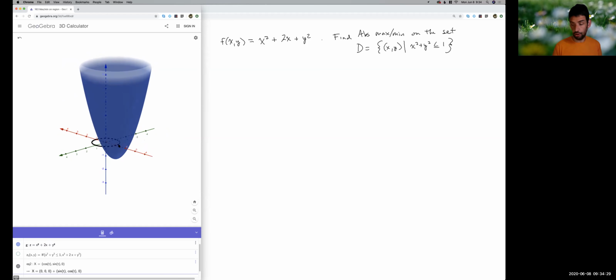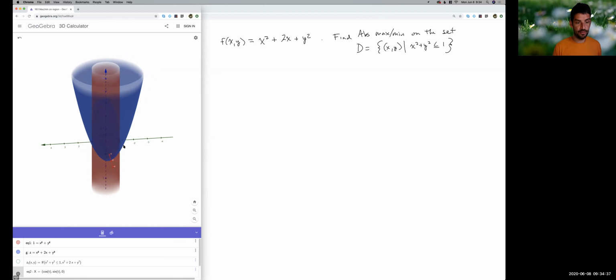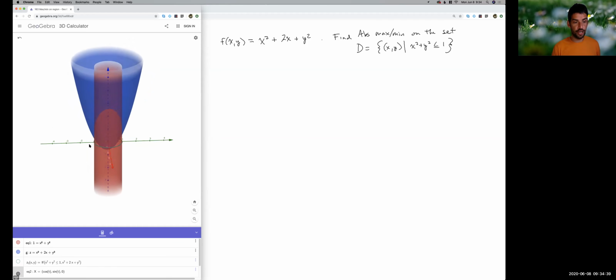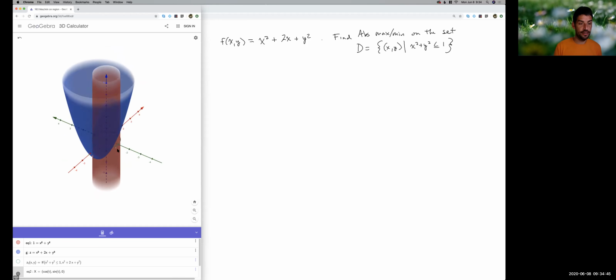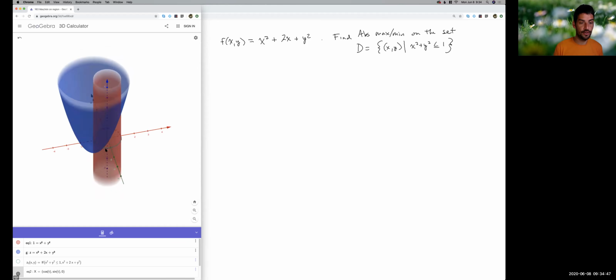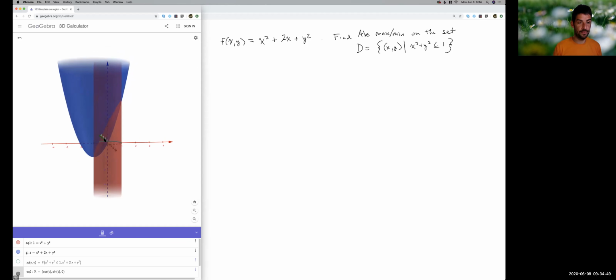So let's picture this. If I extend that set of points into the z direction, you can see where these two surfaces intersect, inside of there, is the points we're talking about.